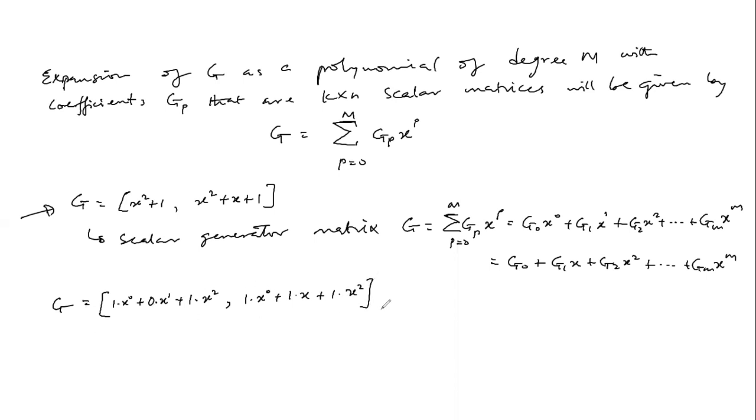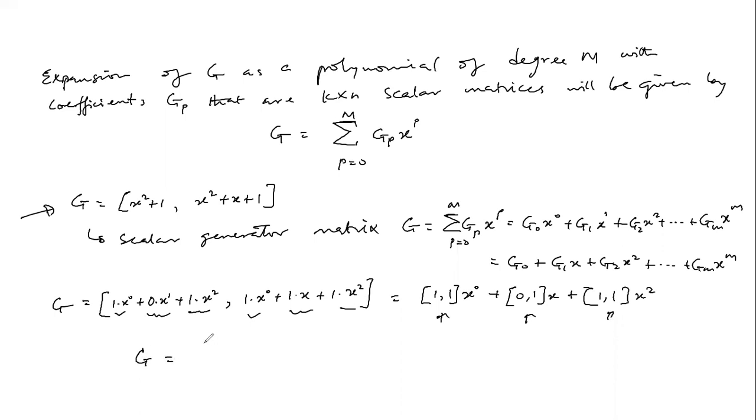So we can rewrite this as 1, 1 times x^0, plus 0, 1 times x, plus 1, 1 times x squared, such that when we take the scalars of this, the scalar generator matrix would be the same as 1, 1, 0, 1, 1, 1.